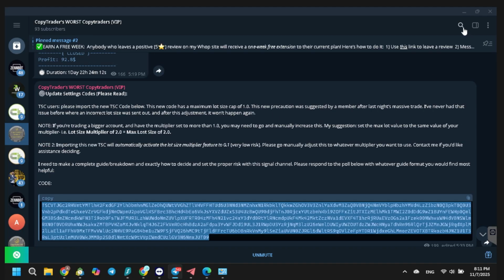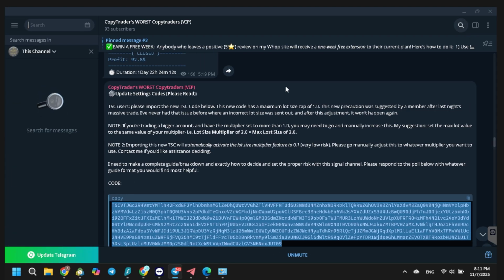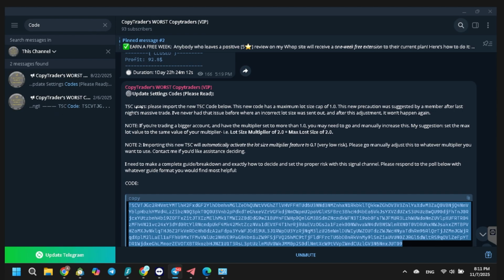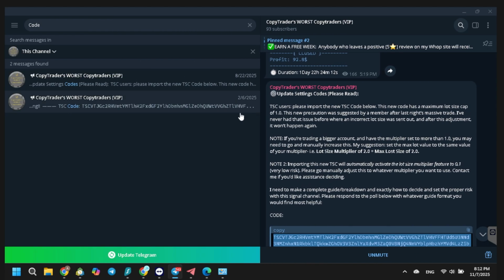Also, if you're not sure which code is the latest, you can go into Telegram, find this magnifying glass and type in the search, say, code. If we extend this a bit, we can see that there are two codes provided.